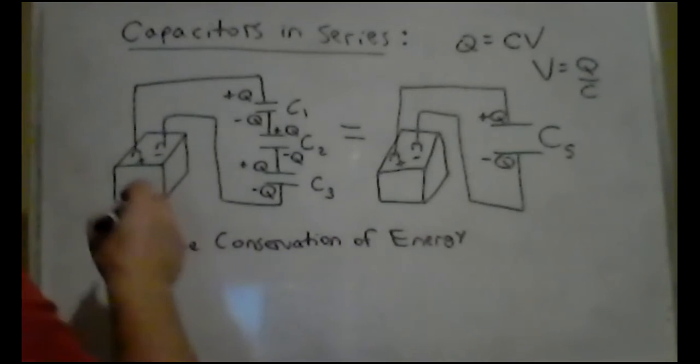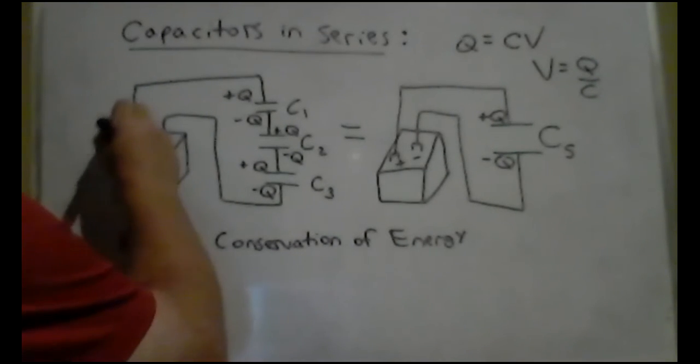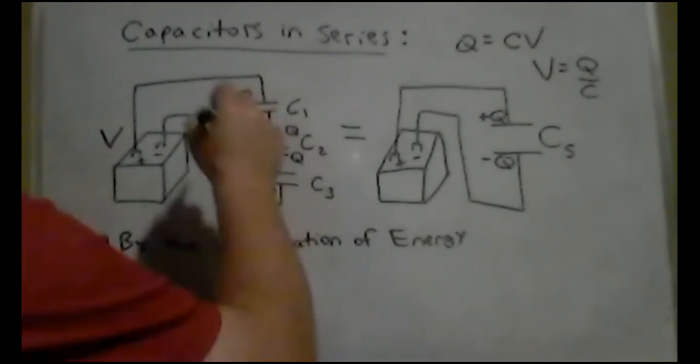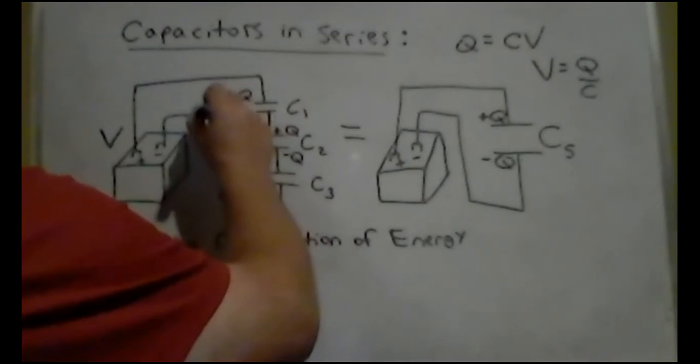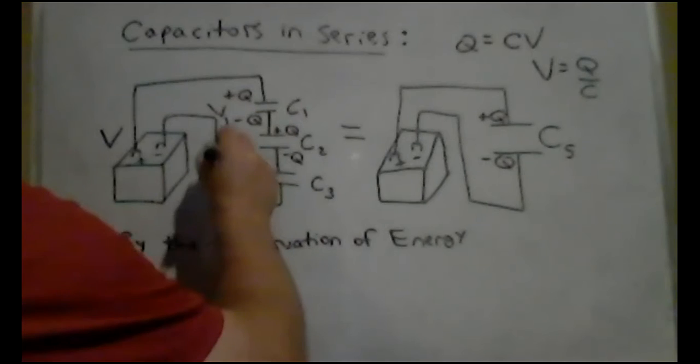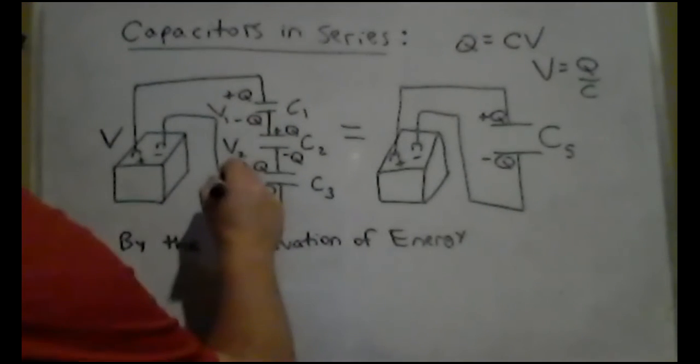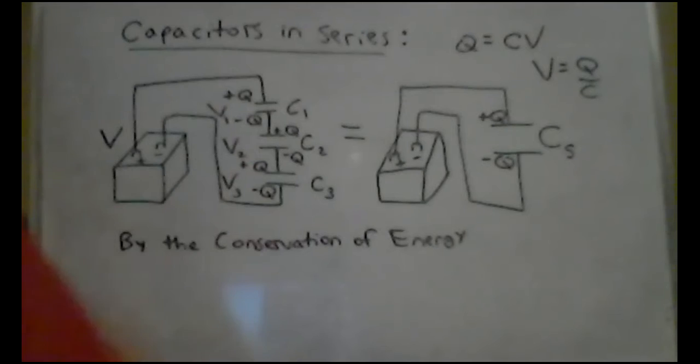if I say that the potential across the battery is V, then there's going to be a potential across C1, which we'll call V1, across C2, we'll call V2, and across C3, we'll call V3.